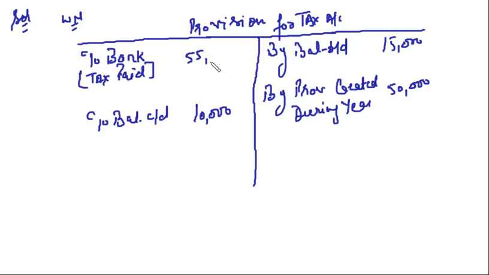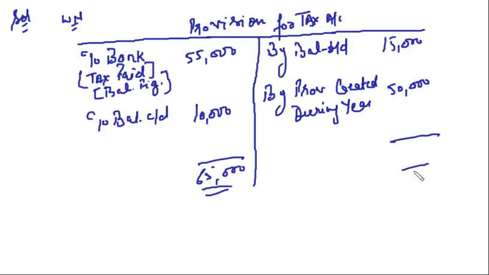This is 55,000. This is the balancing figure. Clear? So this comes to 65,000 and 65,000.